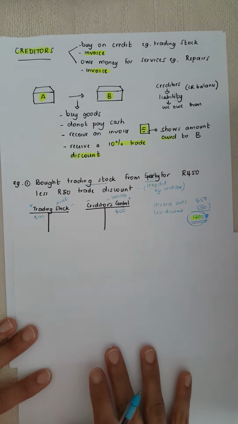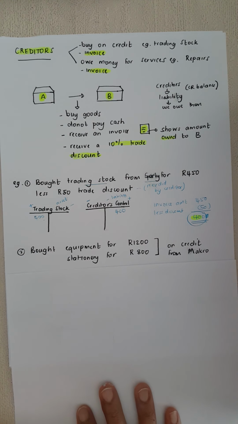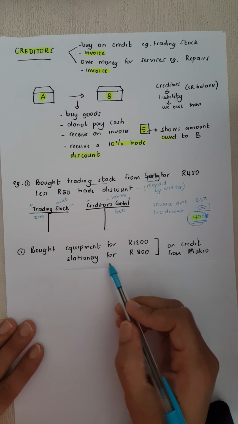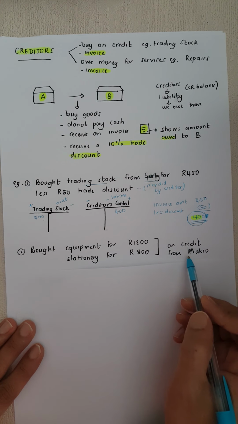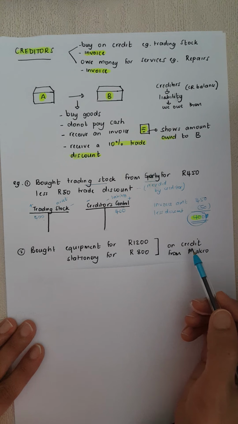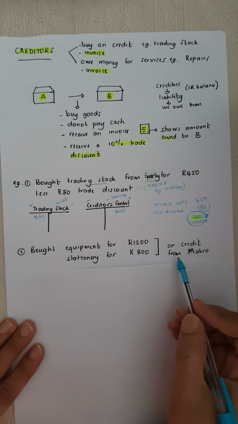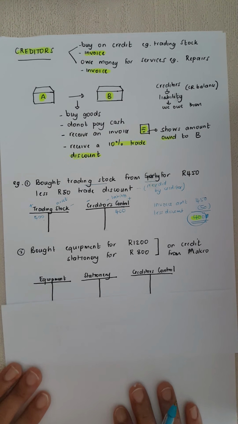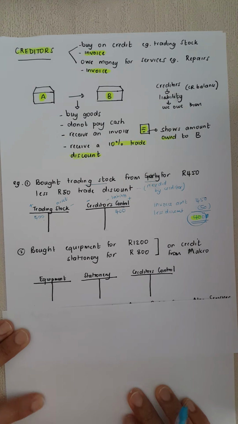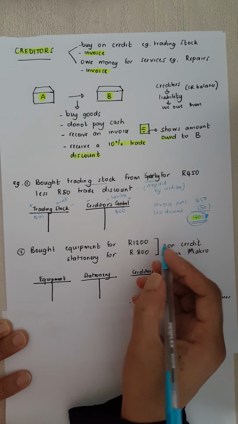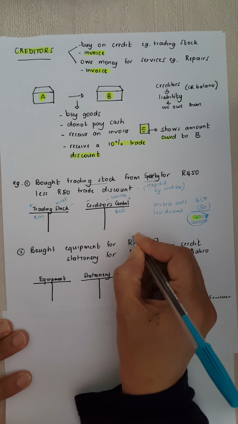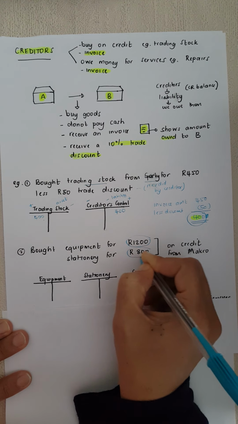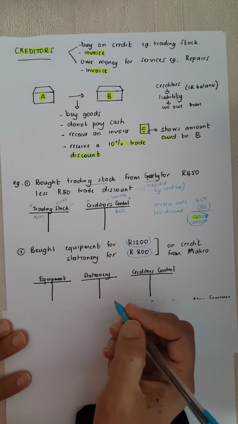Okay, let's look at another transaction. I've bought equipment for 1200 Rand and stationery for 800 Rand from Macro on credit. What does that mean? I didn't give them any cash. I took it on credit, so I'm going to have an invoice. Now I need to record the transactions. Let's divide it into 2 transactions. I've got equipment of 1200 Rand and stationery of 800 Rand. There are no discounts here, so I don't need to worry about that.